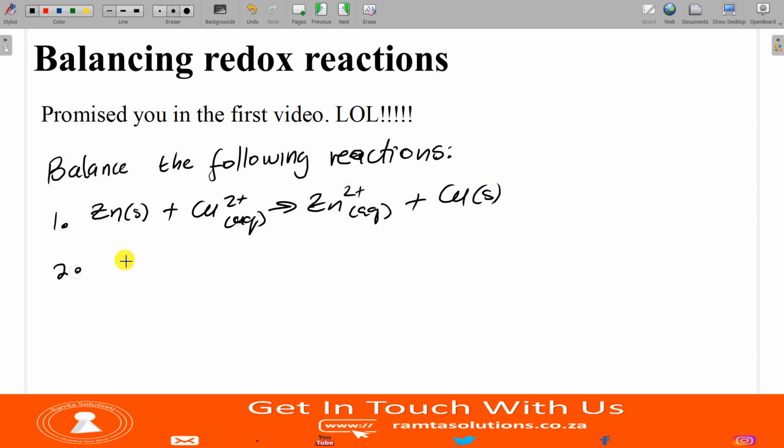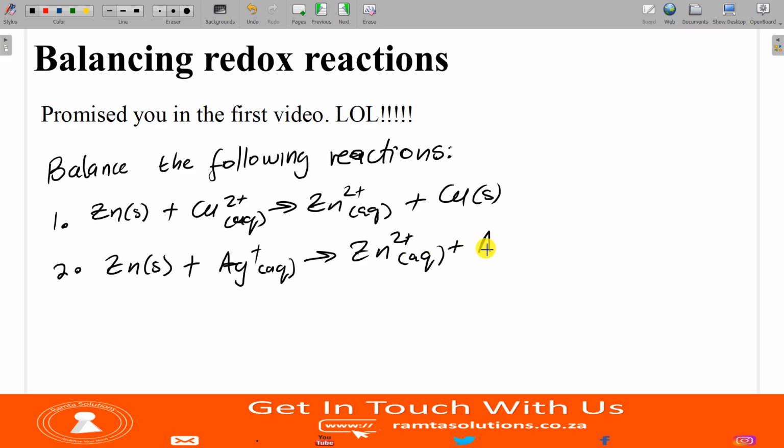Number 2 will be zinc solid plus silver plus aqueous, giving us zinc 2 plus aqueous and silver solid.